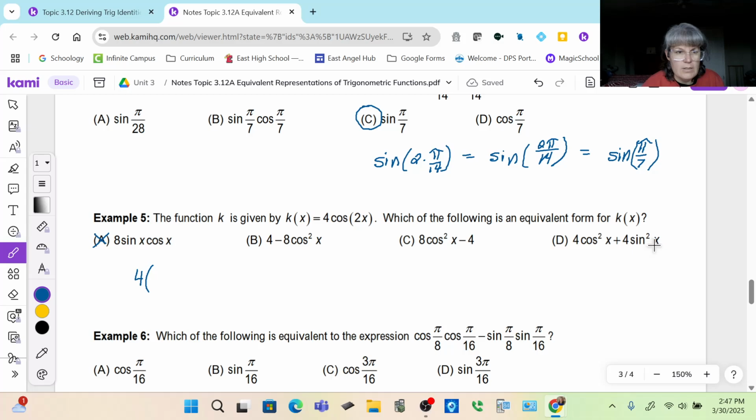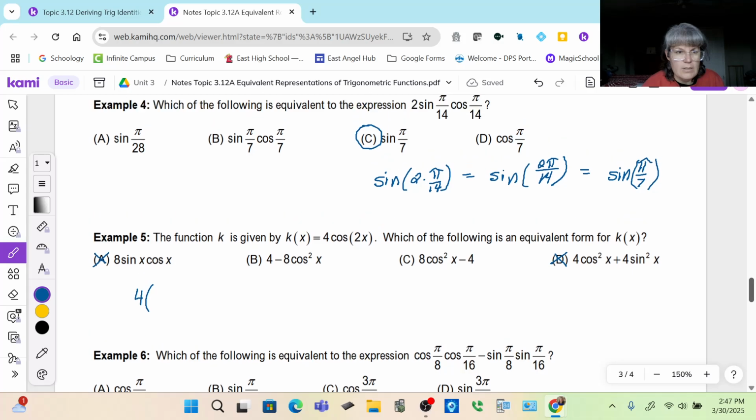Cosine squared of x plus sine squared of x, that's more in the form of a Pythagorean identity. It is not an equivalent form of my cosine double angle. So for my cosine double angle, I'm going to have 4 times cosine of 2x, and we know that cosine of 2x is going to simplify to, I'm just going to double check it up here.